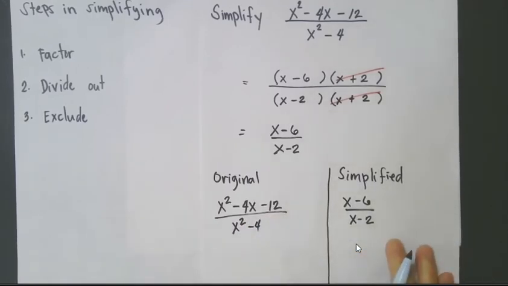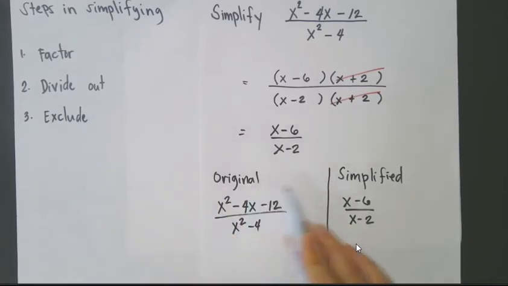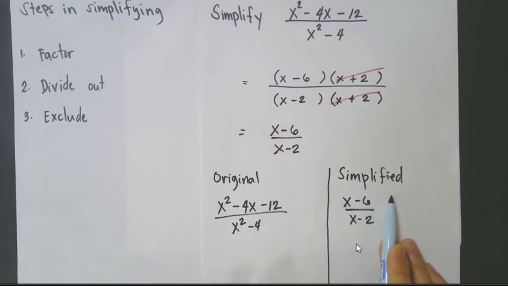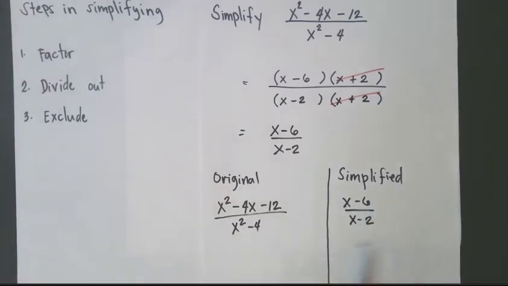Now you want to find the excluded value of the original and the simplified. So you would want to solve for the excluded values by getting the denominators and then equate it to 0.